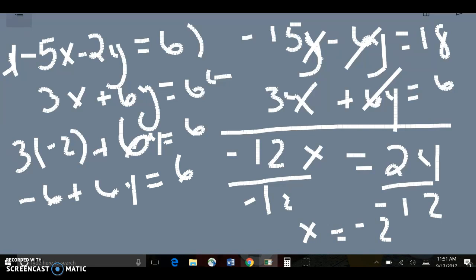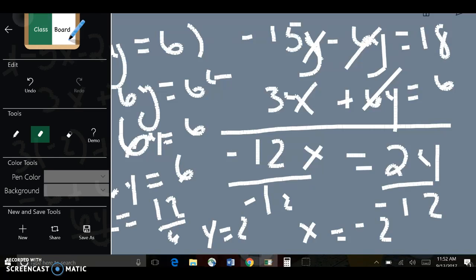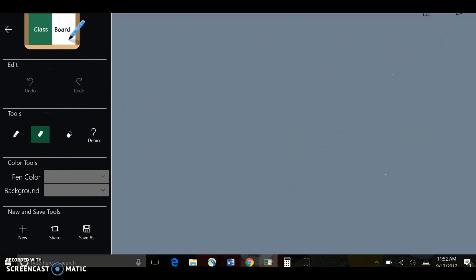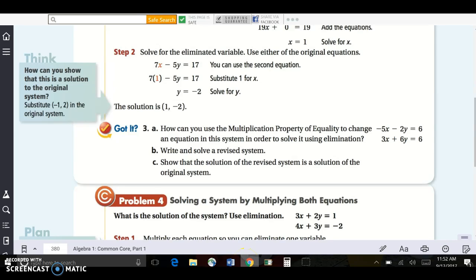So I'm going to add 6 to both sides, and I get 6y equals 12. Divide both sides by 6, and I get y equals 2. So my solution is negative 2, 2.